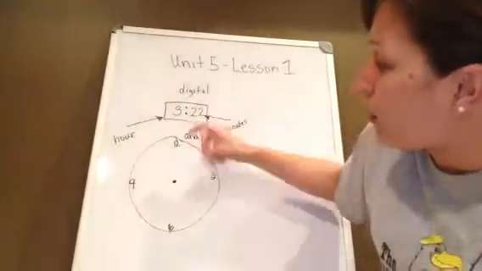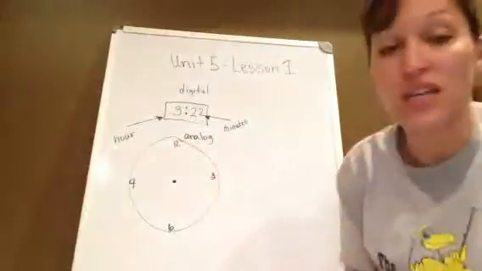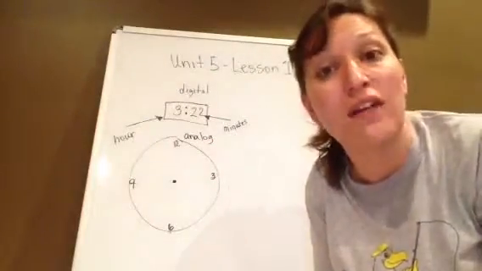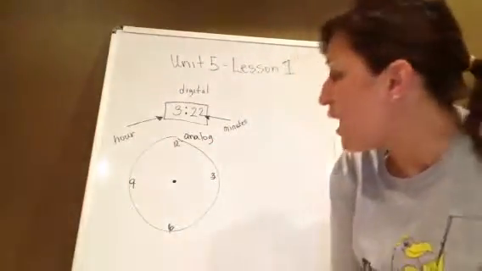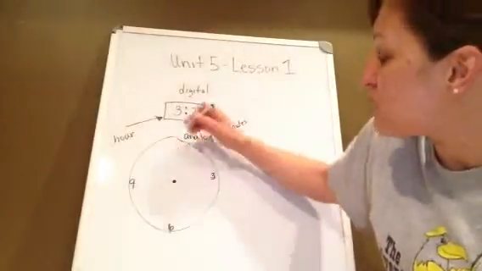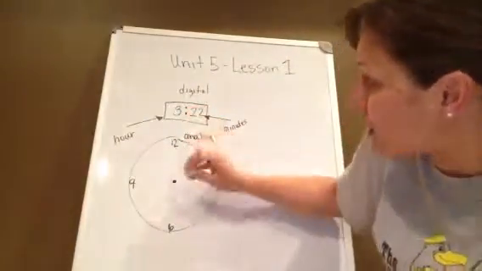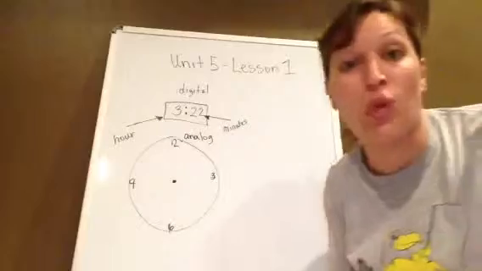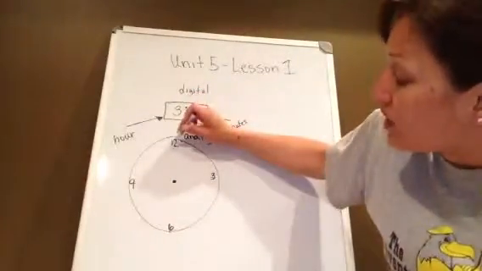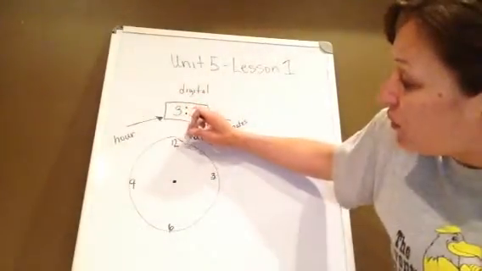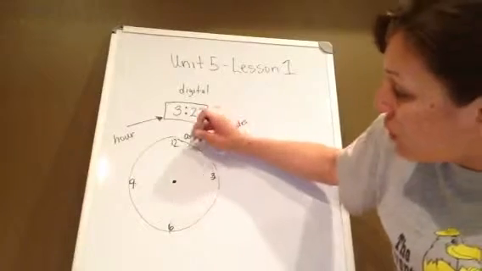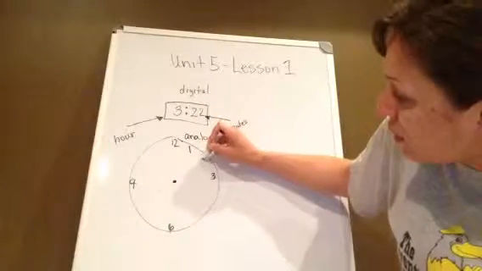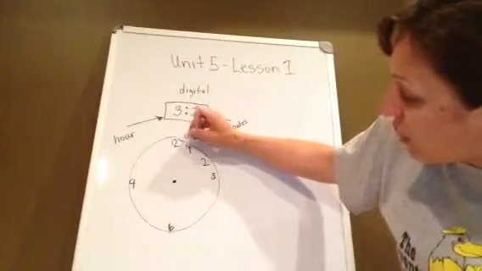I know that 12 is the end number for the end of an hour, okay? It also means 60 minutes, because 60 minutes is the total number of minutes in 1 hour. So if this is the end, I'm going to move this way to show the beginning of a new hour. And you can see the numbers get bigger.